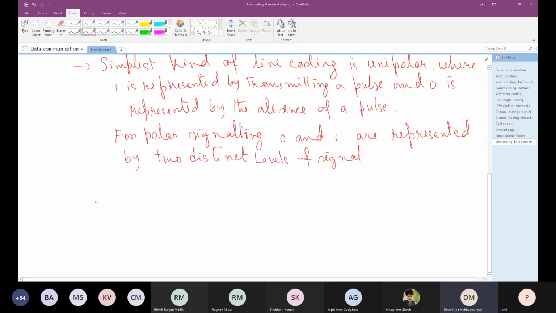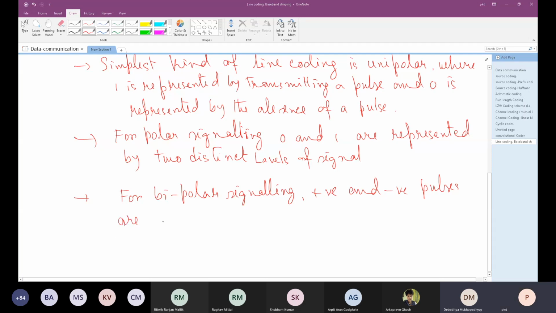And for bipolar, positive and negative pulses are used alternately for representing 1, and no pulse for 0.